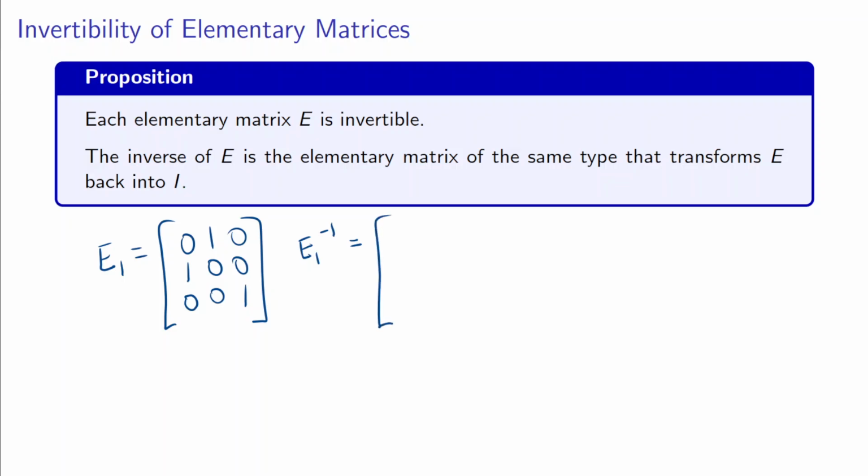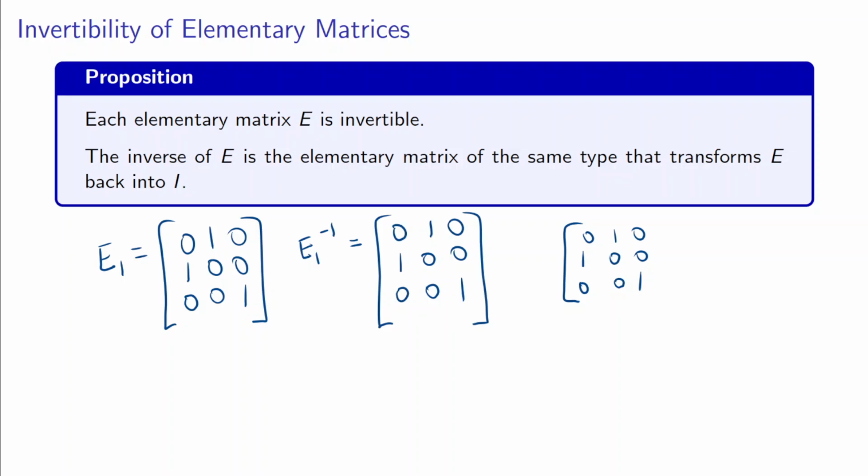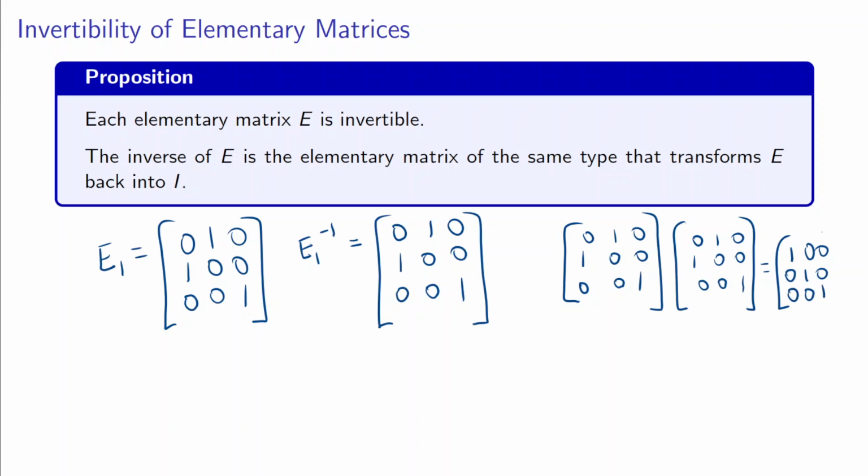So we would get the same elementary matrix essentially. And if we tested that, let's multiply these two things together, so multiply this thing by itself. Hopefully it does what we want it to do, and we just get the identity. Again, as you're going through this, it's maybe starting to become clear why this works, and it will indeed work. So the elementary matrix for an interchange will essentially always be its own inverse.